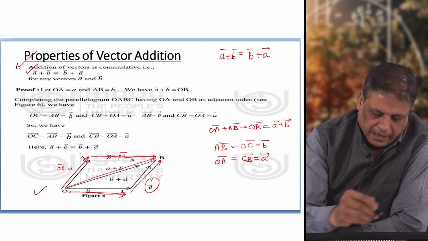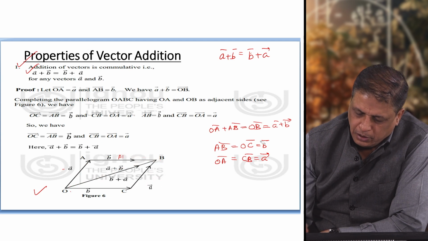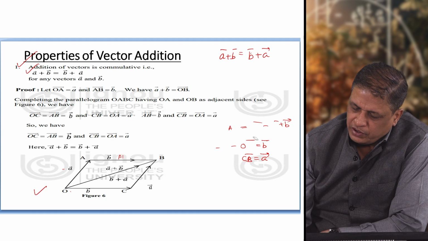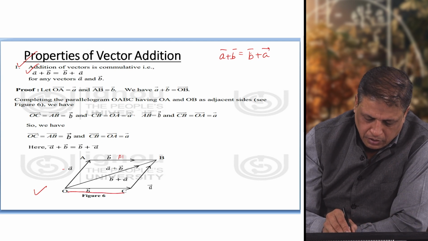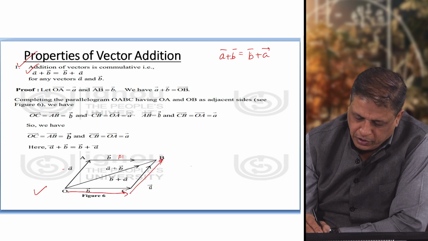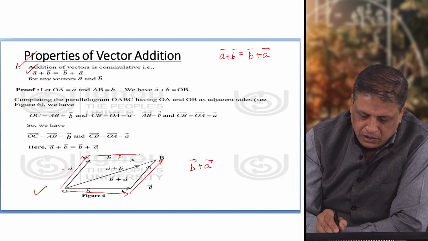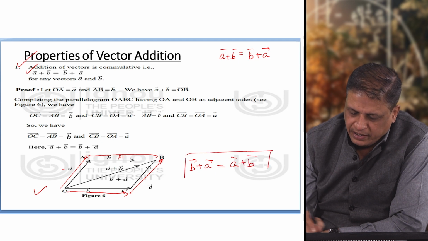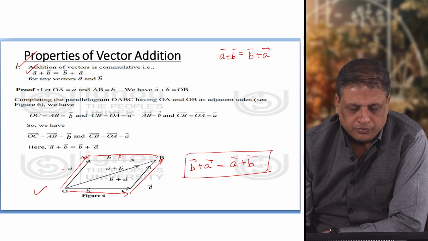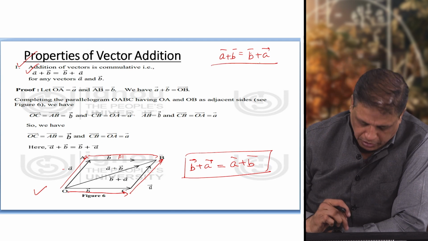So, applying the triangle law of addition of vectors to the triangle OCB, you can write it is equal to B plus A. So, this plus this is equal to B plus A, and this plus this is equal to A plus B, which proves that the addition property is commutative in nature. A plus B is equal to B plus A.